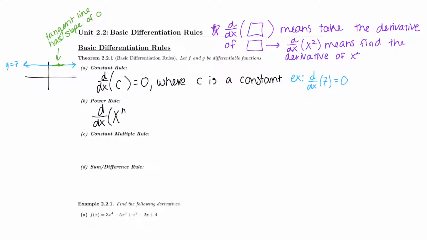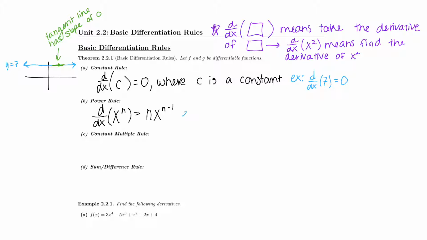Here's where we start to love polynomials. If you're taking the derivative of a variable raised to a number, you take that number and you put it down in front, and then you decrease this number by 1. So it becomes n x raised to the n minus 1.